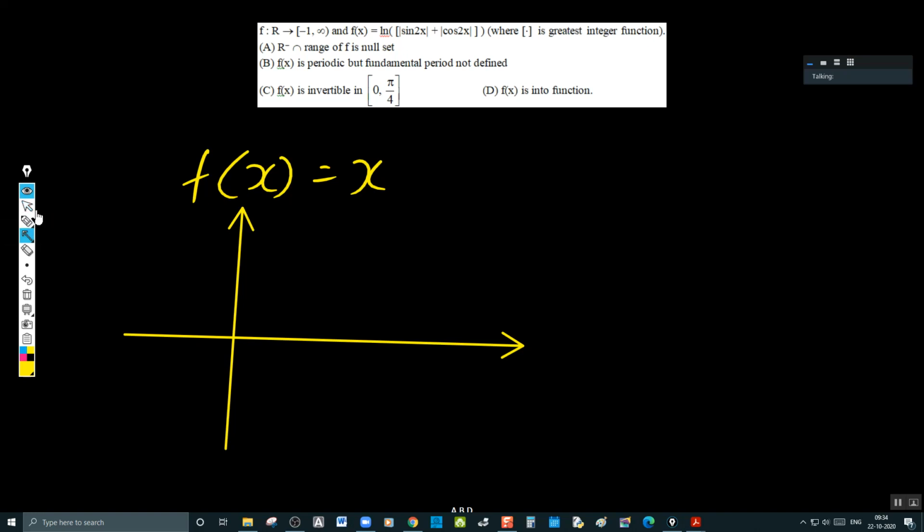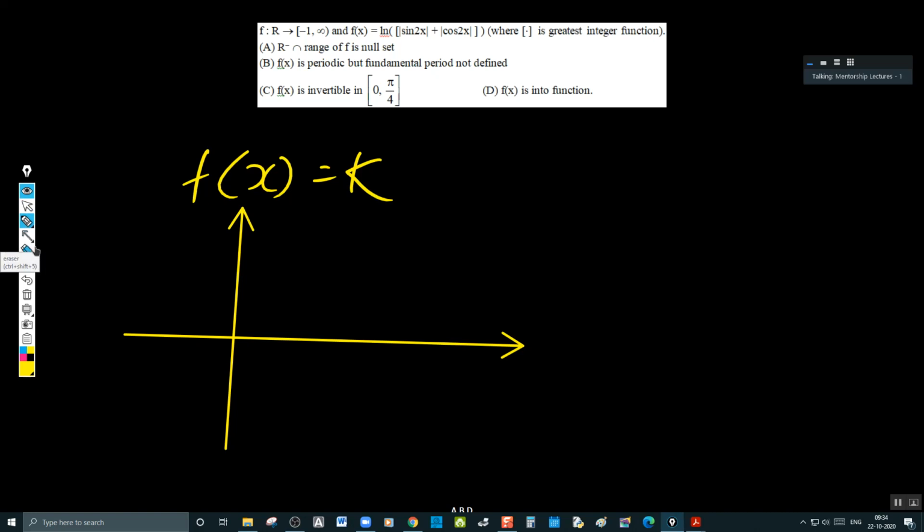Okay, just a moment. I'll give some value here. f of x equal to some k, let us take. Then how will the graph of f of x equal to k be?